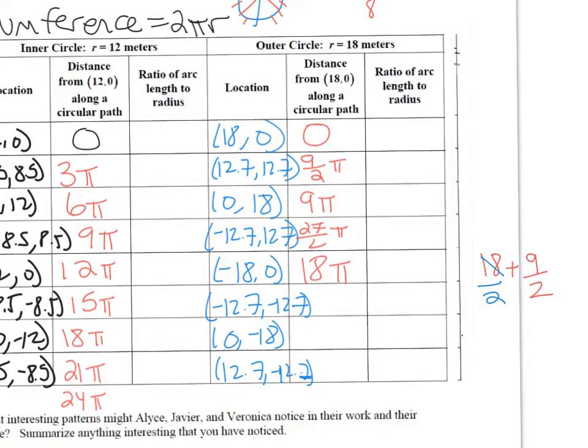We already did this unit. We get 45 pi over 2. And then the next one would be 27 pi. And if you do 27 plus 9 over 2, make a common denominator, add them together, and you would get 63 over 2 pi. And then lastly, if we went all the way around, that should be your circumference of 36 pi.